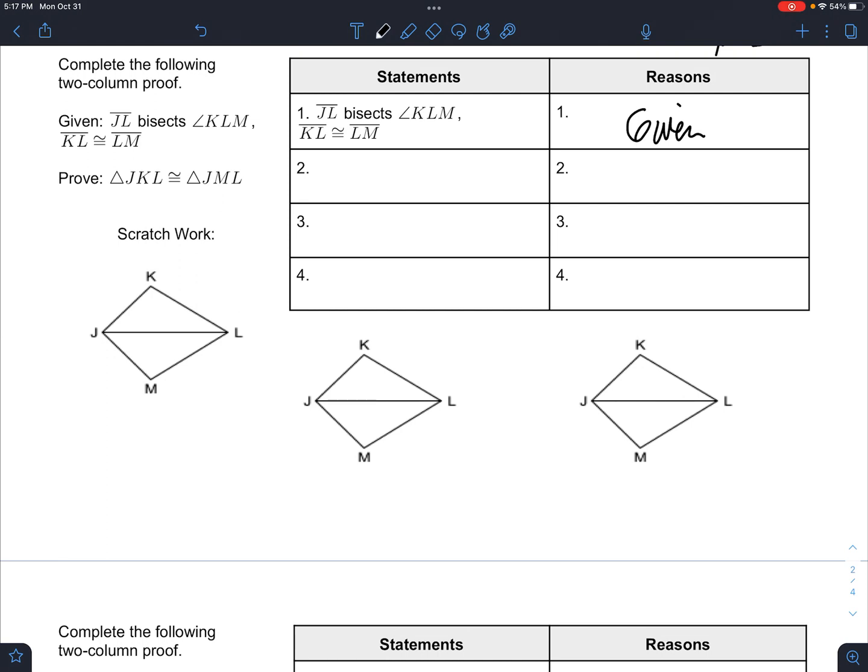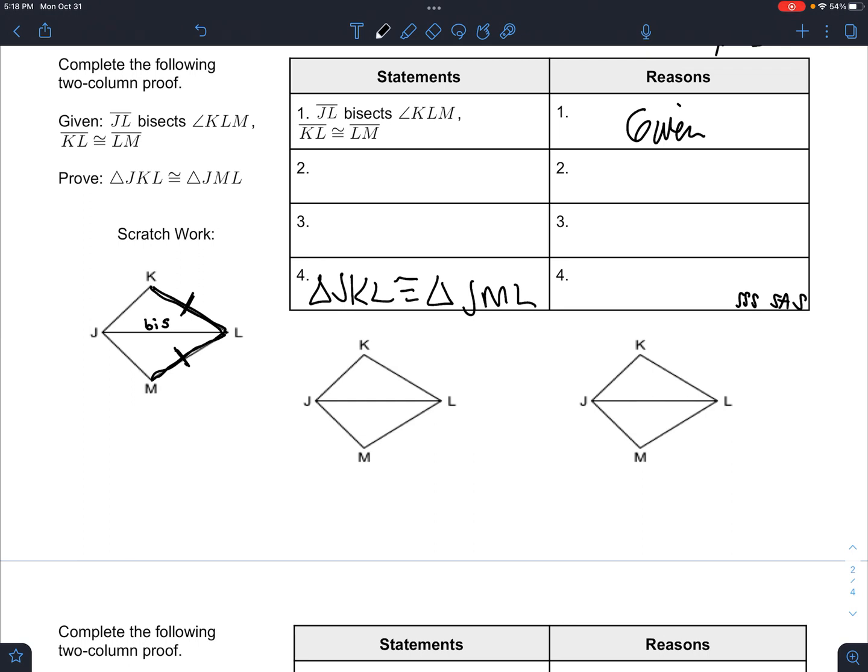Okay. Let's see. We got given, and we have our triangles that we are trying to show are congruent. So now that we have these shortcuts, typically this should be either SSS or SAS. So we are told that JL is a bisector for this angle right here.